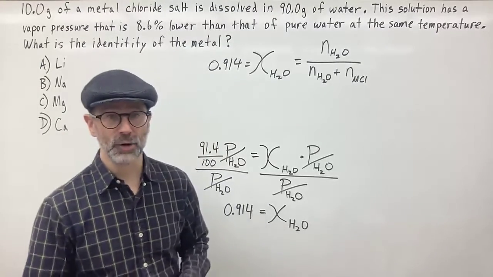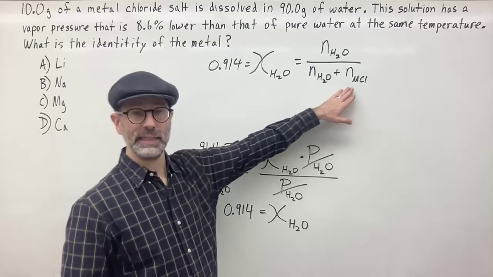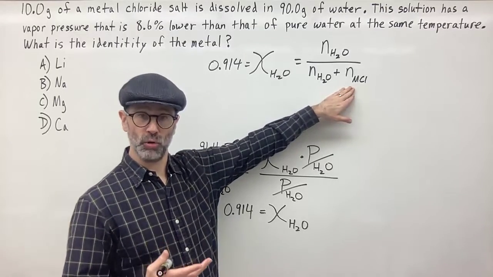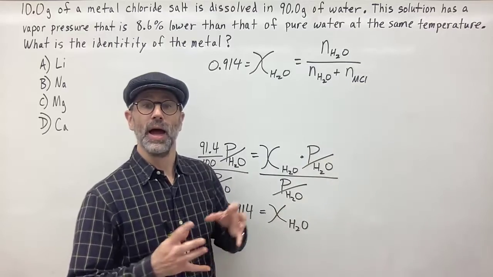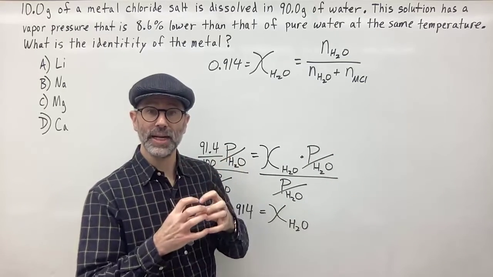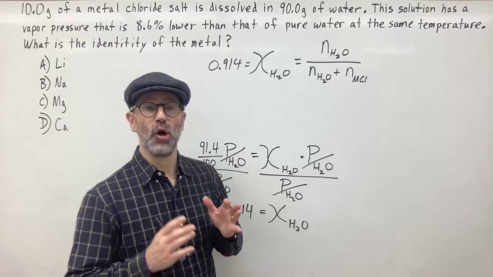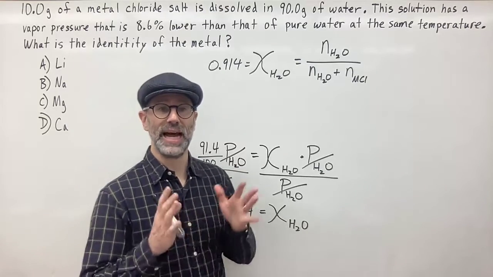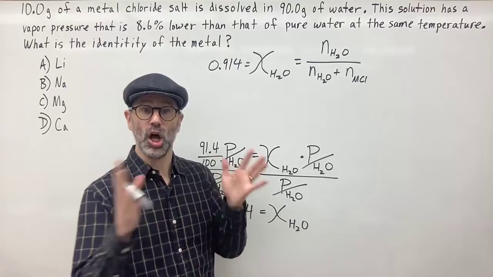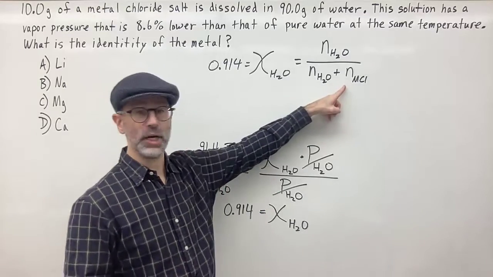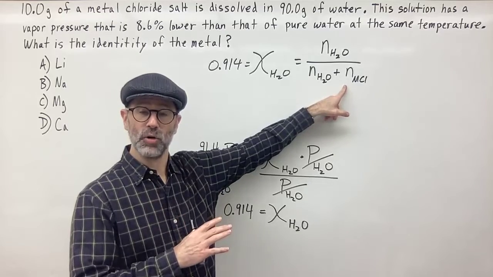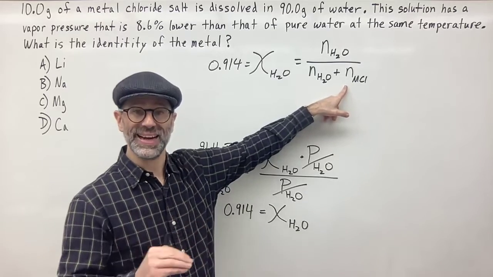Okay, so now, one of the things you got to keep in mind is that this is not merely moles of the ionic substance, right? So you have to remember that the key here is in this solution, the ionic salt has dissolved. So the moles here is not the moles of the metal chloride, it's the moles of ions in solution.